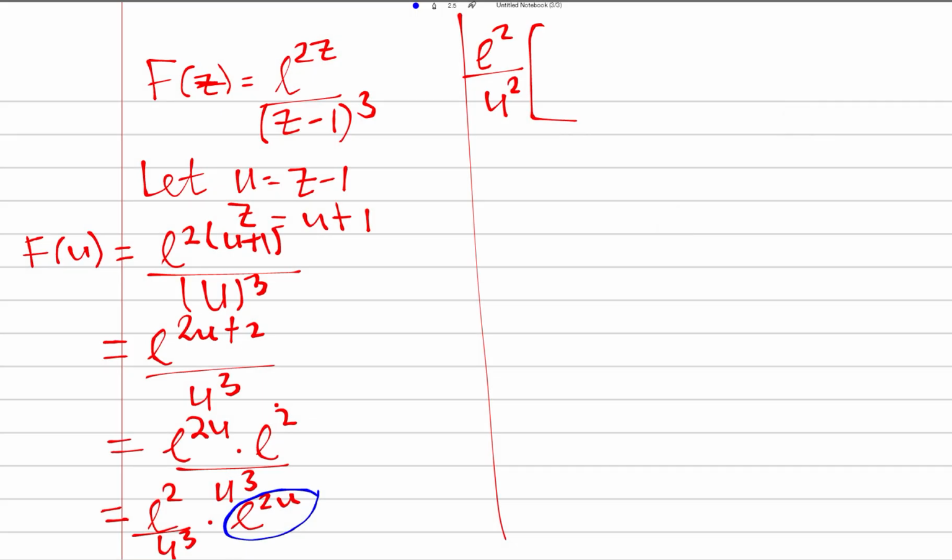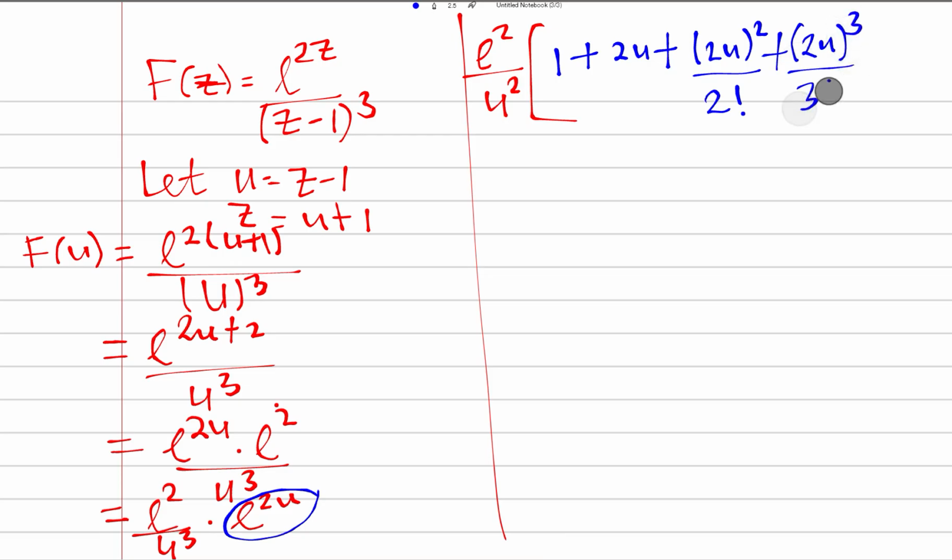That is 1 plus z, which is 2u, plus z squared, which is 2u all squared, over 2 factorial, plus z cubed, which is 2u raised to power 3, over 3 factorial, plus dot dot dot. Do you understand the expansion now?